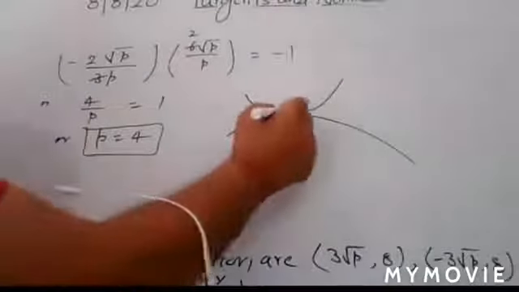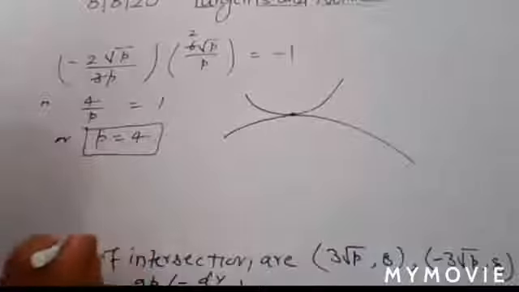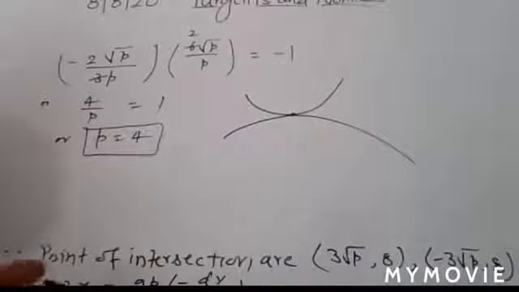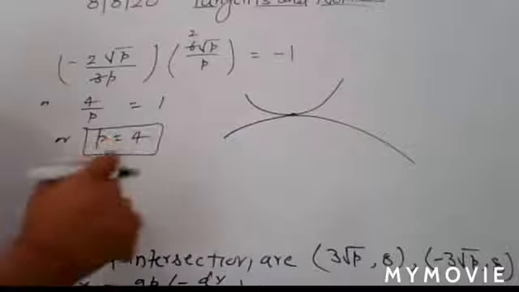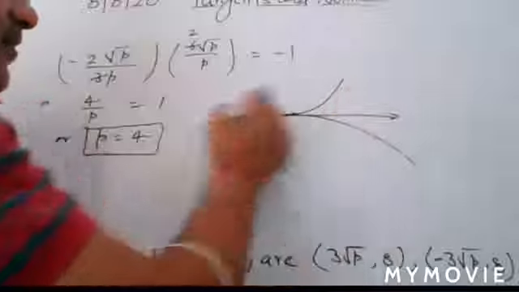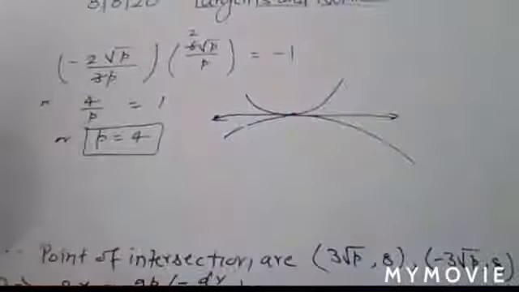Suppose here you have a curve, and this is another curve, and these two curves intersect at a point, touching each other. If you draw a tangent on it, that tangent is the common tangent for both curves.